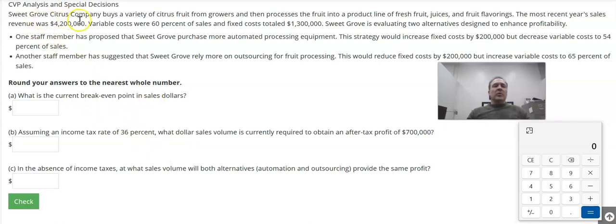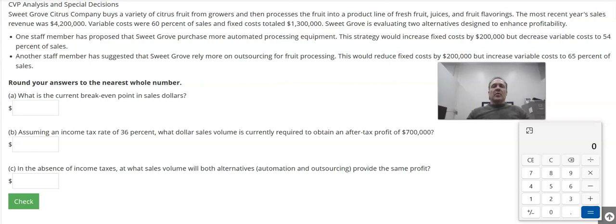So Sweet Grove Citrus Company buys a variety of citrus fruit from growers and then processes the fruit into a product line of fresh fruit, juices, and fruit flavorings. Well, good for them. The most recent year's sales revenue was $4.2 million. Variable costs were 60% of sales, and fixed costs totaled $1.3 million.